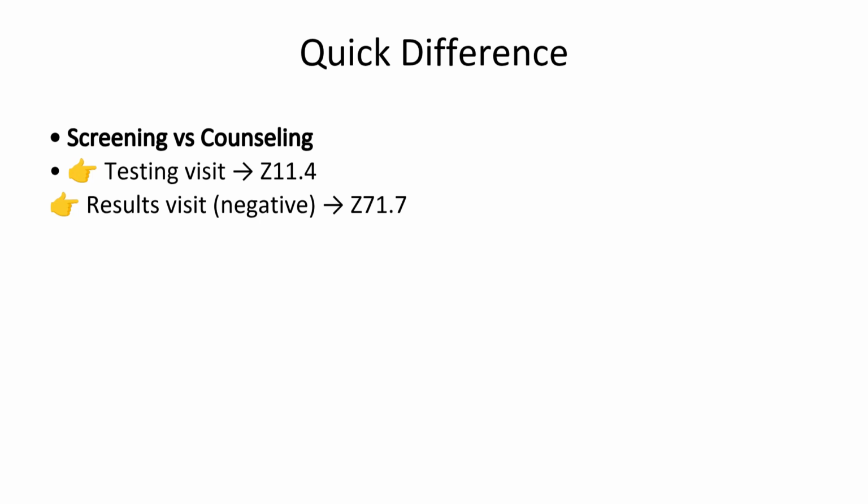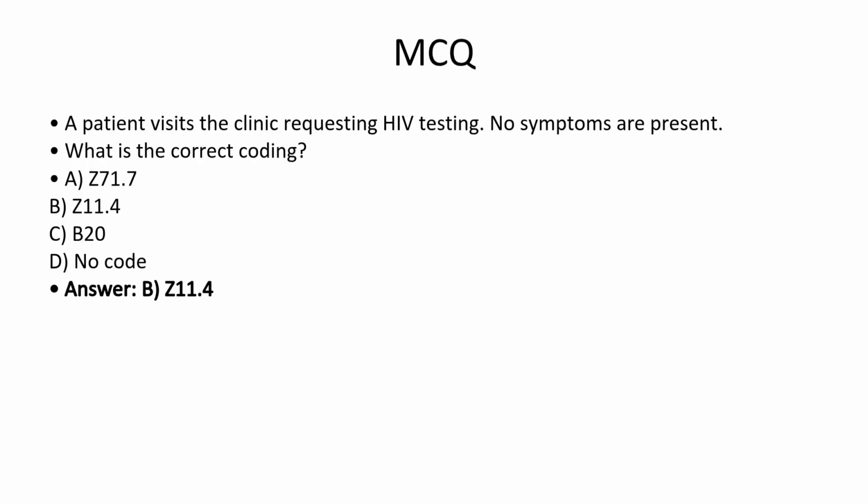Let's keep it very simple. If the patient comes for testing, we assign Z11.4. If the patient comes to know the results and results are negative, we assign Z71.7. So just remember, testing versus results. In this case, the patient is coming only for HIV testing, so we assign Z11.4 for screening.